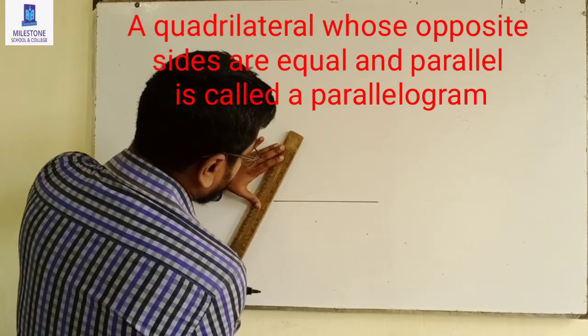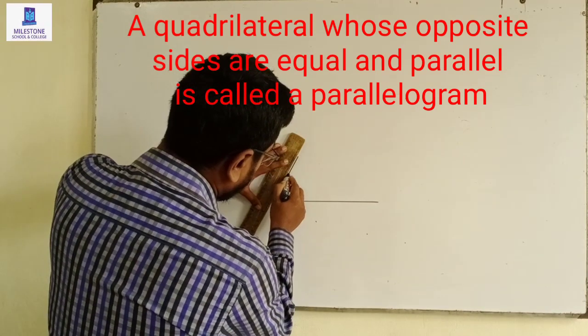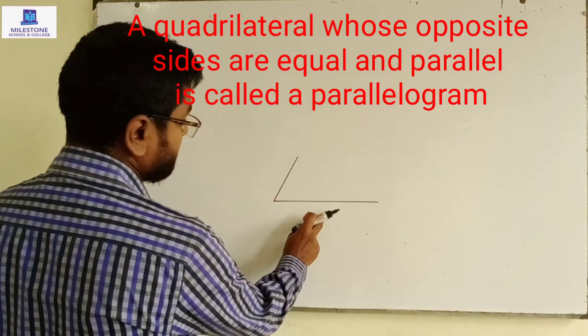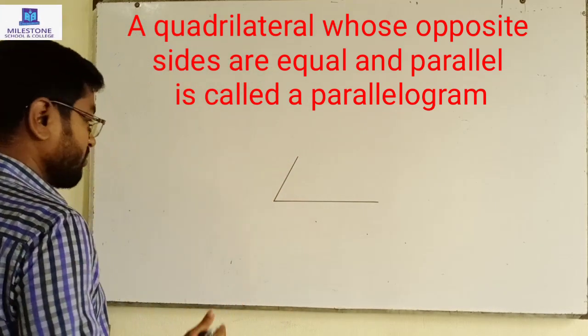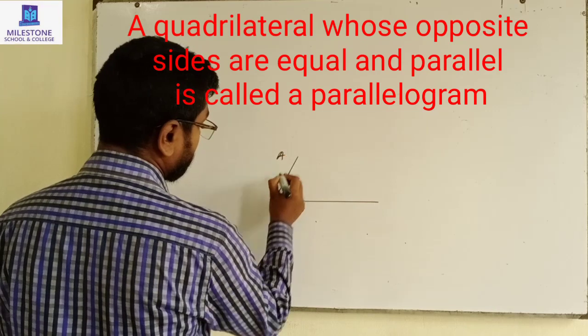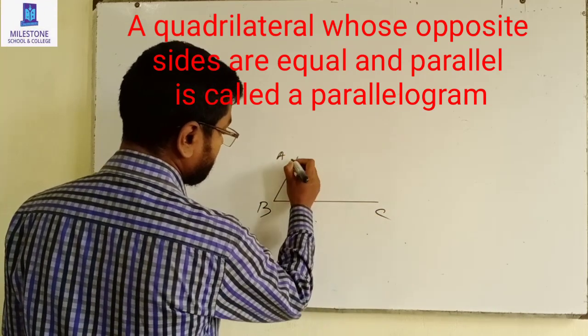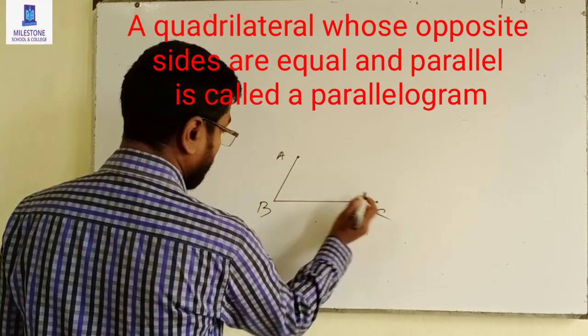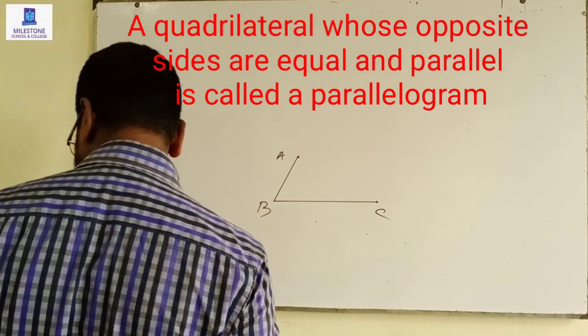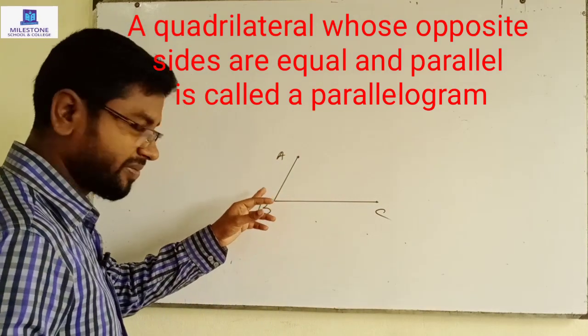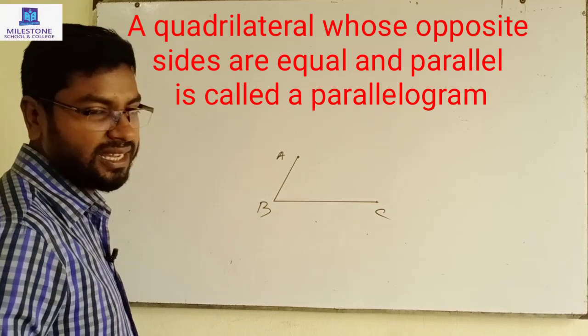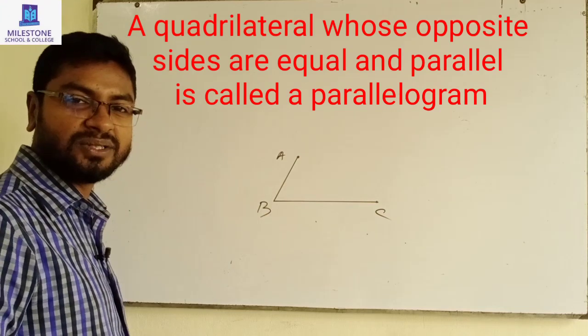On this side, another side we will write. This side is big, this side is small, so we give its name A, B, C. I did not measure here. It can be an acute angle. It can be a right angle also.